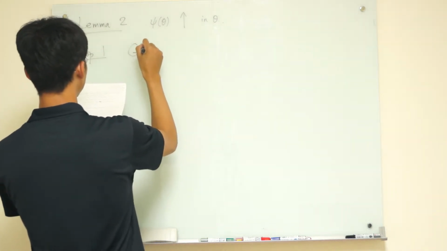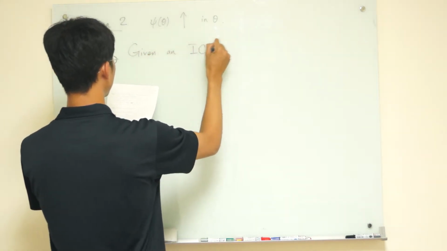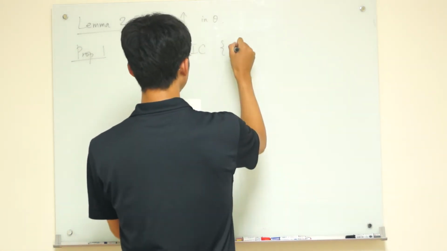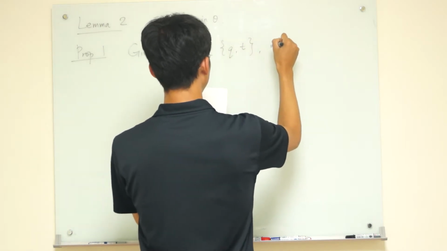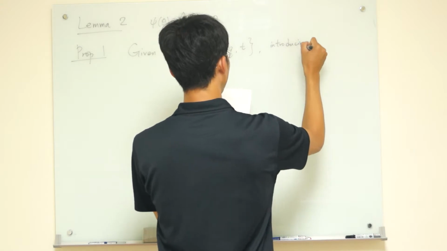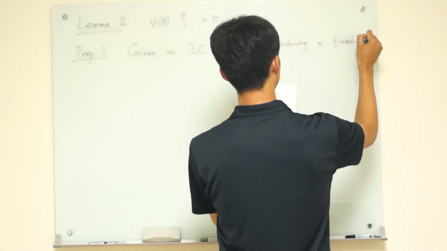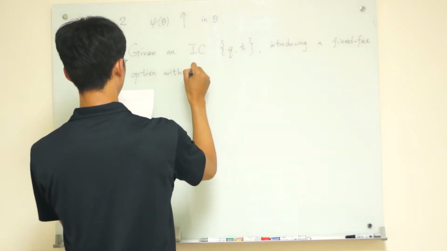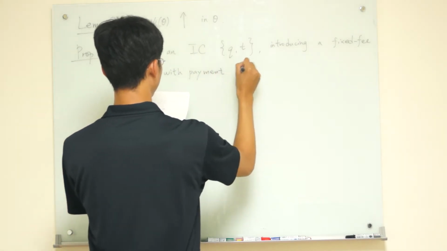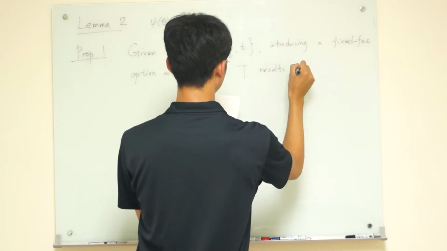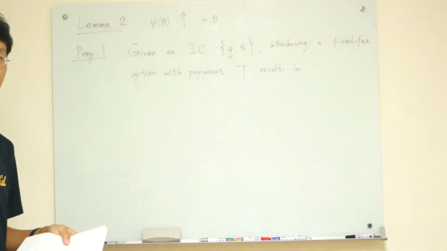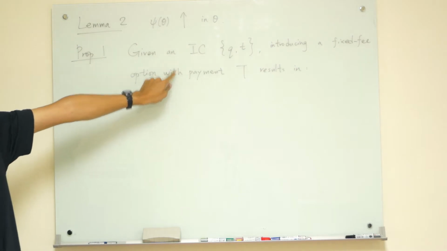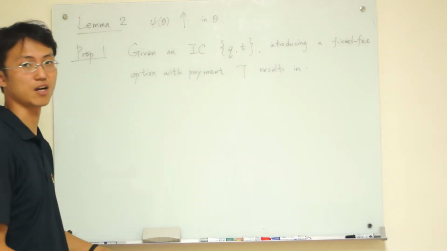This will be our Proposition 1. In Proposition 1, we provide a property for what's going to happen when I introduce a fixed fee option into an existing incentive compatible menu.